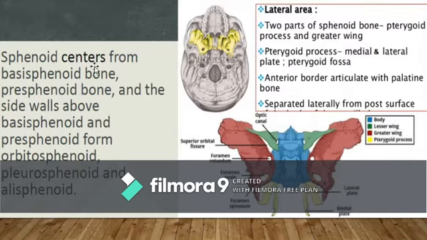So this is the sphenoid center that derives from the cartilage, and will develop the basisphenoid, the presphenoid, the orbitosphenoid, the pleurosphenoid, and alisphenoid. So this is the portion of the sphenoid center.